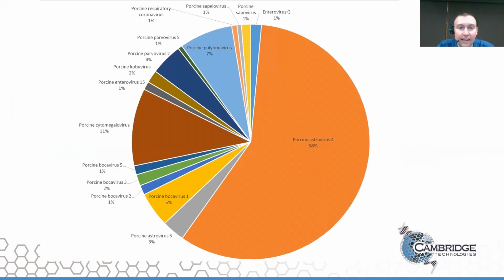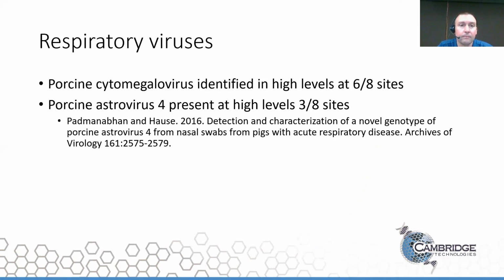The next slide looks at the total reads and the distribution of reads based on the viruses. You can see over half the reads are associated with porcine astrovirus 4. The next virus with the most reads associated with it was cytomegalovirus.